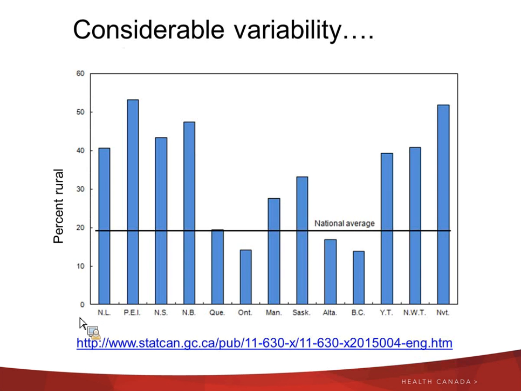But it does vary considerably among the provinces. So you can see here on the left side of the screen, in the Atlantic provinces, and on the right side of the screen, in the territories, 40% or more of the population lives in rural areas, whereas in Ontario, Alberta, and BC, that proportion is less than the national average of 20%.